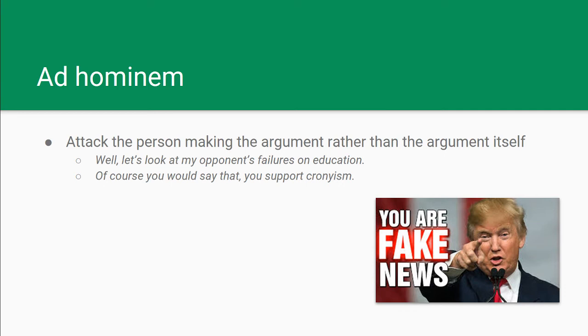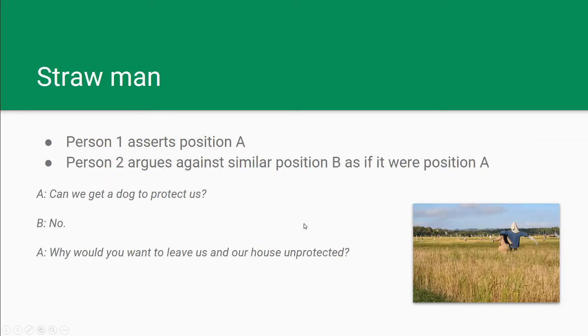So instead of attacking the argument from the other person, that politician is instead attacking the person himself. Of course you would say that. You support cronyism. So again, instead of attacking the position, that person is attacking the other person. Okay, that's basically what an ad hominem attack is.